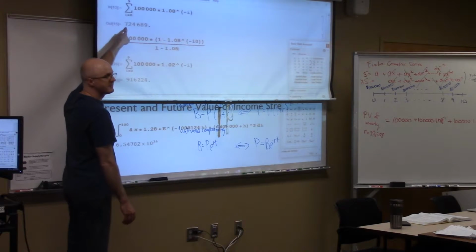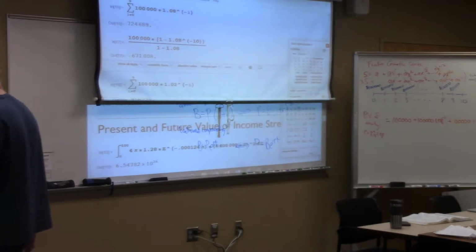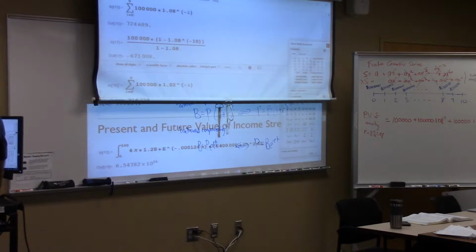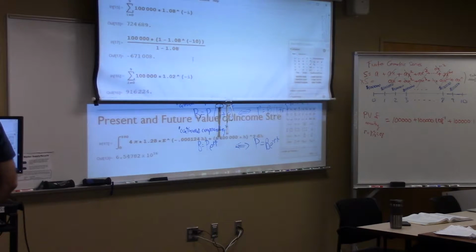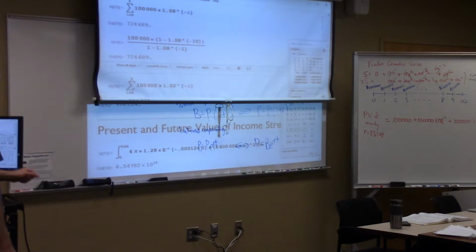This should be the same number. Oh, it's not. It's my problem. I'm not sure what my problem is. Oh, I know what it is. 1.08 to the negative 1 here. My x is not 1.08, it's 1.08 to the negative 1. That.